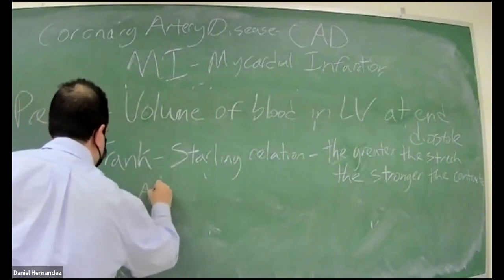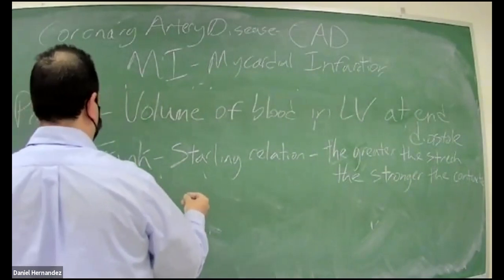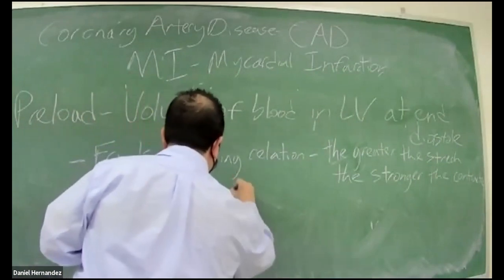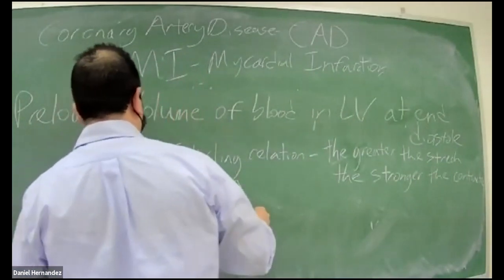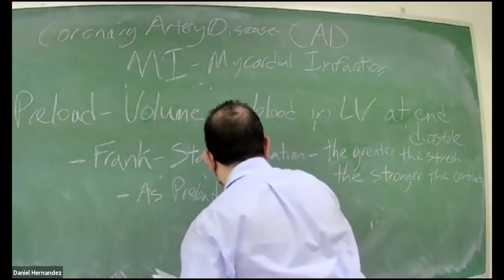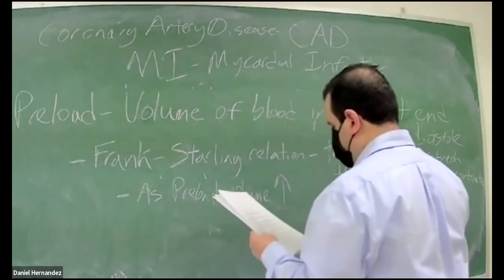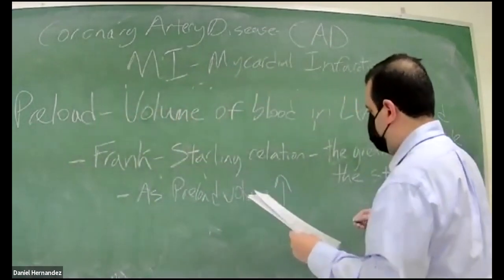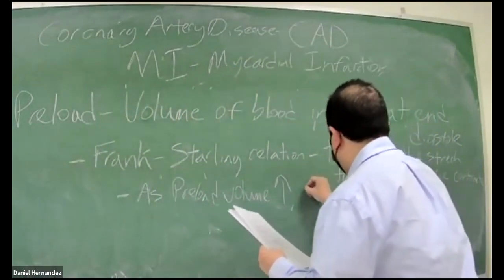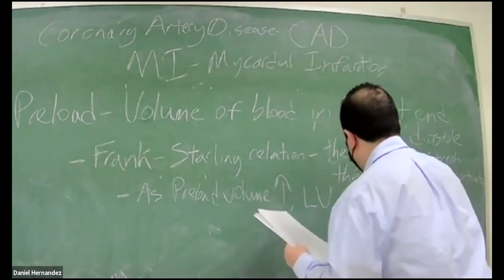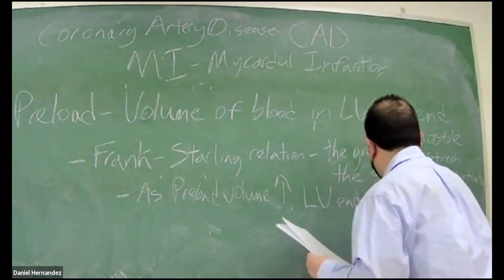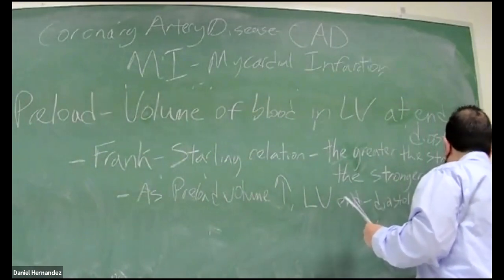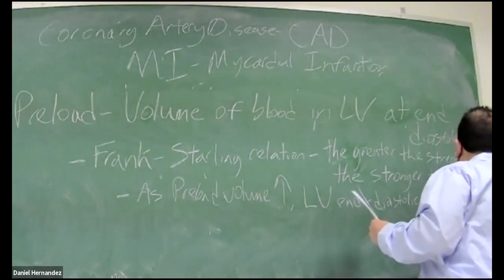So as preload volume increases, LV end diastolic pressure increases.